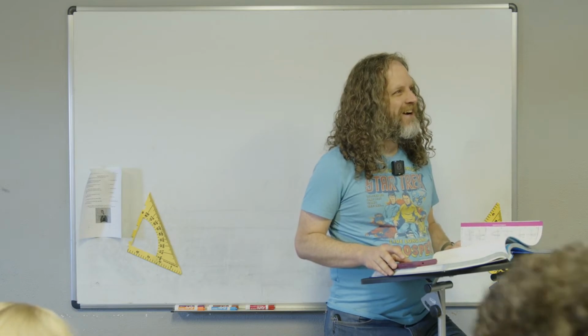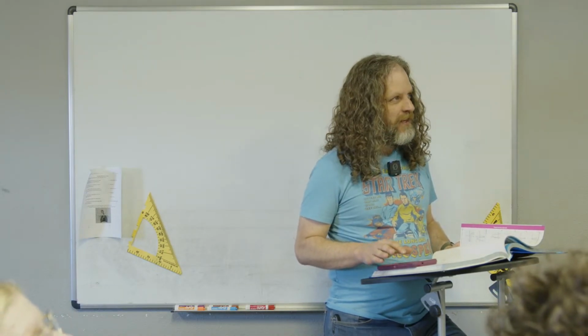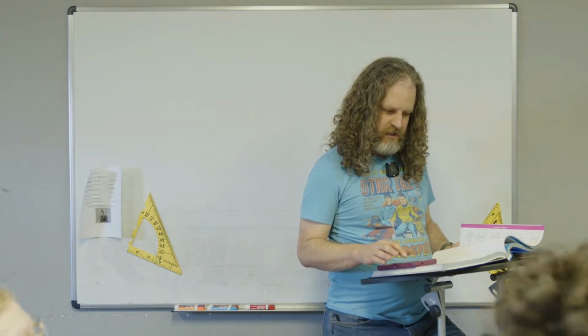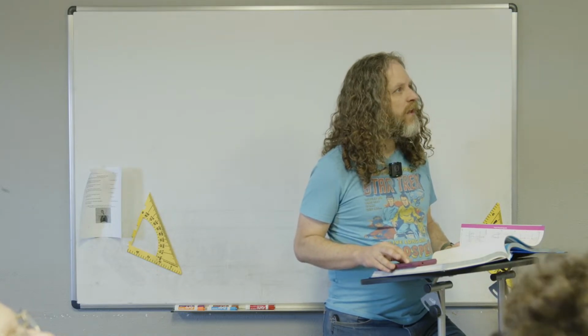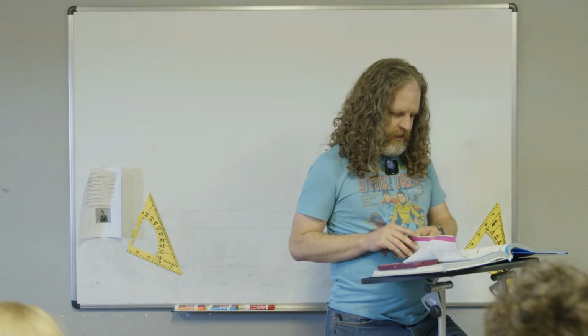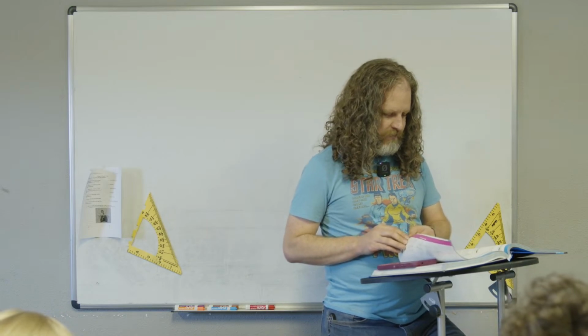Number 30 is right there. 32 is y equals negative 1 over 200 x squared plus 50.